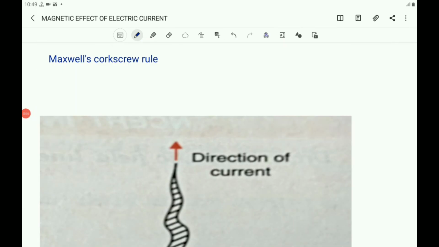So the right hand thumb rule is also called Maxwell's corkscrew rule. Both are the same here. How is it? If we consider ourselves driving a corkscrew in the direction of the current, then the direction of the rotation of the corkscrew is the direction of the magnetic field.